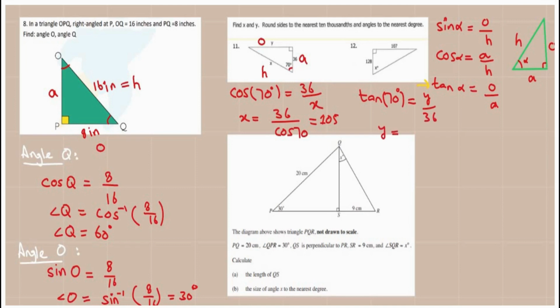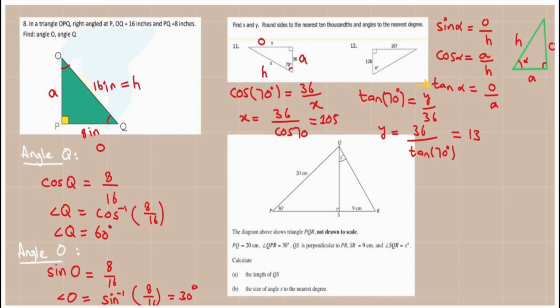So y equals 36 divided by tan of 70 degrees. Put it in the calculator: 36 over tan of 70 degrees is going to be 13, approximately 13 after rounding off. So x is 105 and y is 13. These two are the unknown sides. This is how we can do it.